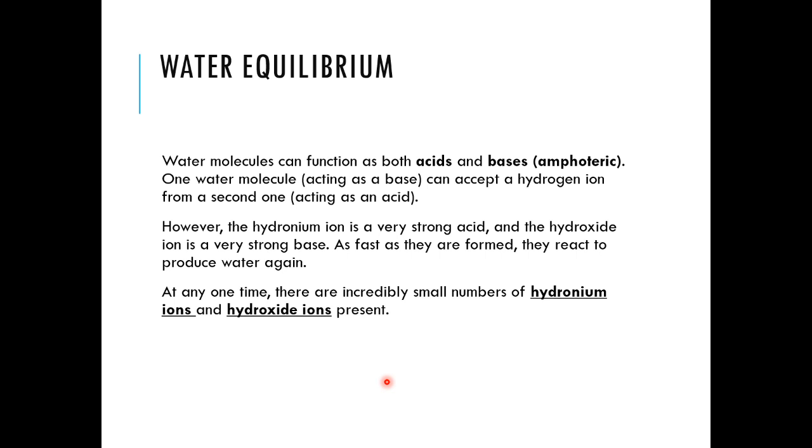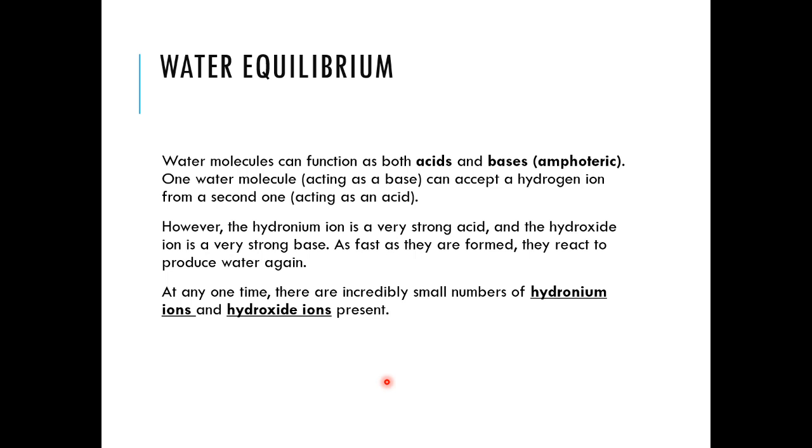However, as soon as this happens, the hydronium ion is formed, H3O plus, and the hydroxide ion is formed, OH negative. And these two are very strong acid, very strong base, and just as fast as they are formed, they react with each other to immediately turn back into water.